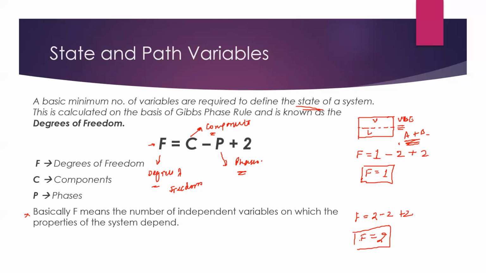You can understand this; we discussed Raoult's law in one of the lectures. In Raoult's law, if you simply have the total pressure of the system, would you be able to derive that this much amount of A is there in the liquid phase, and this much amount of A is there in the vapor phase? No, not really.